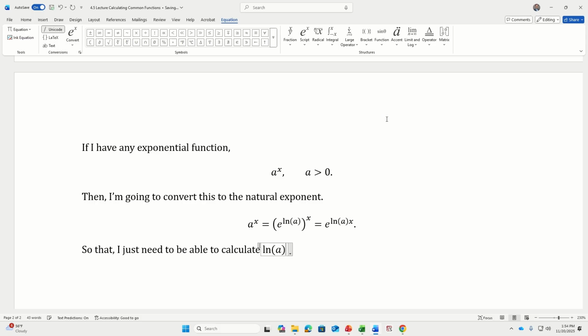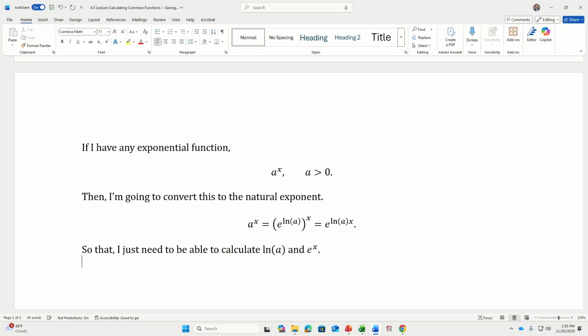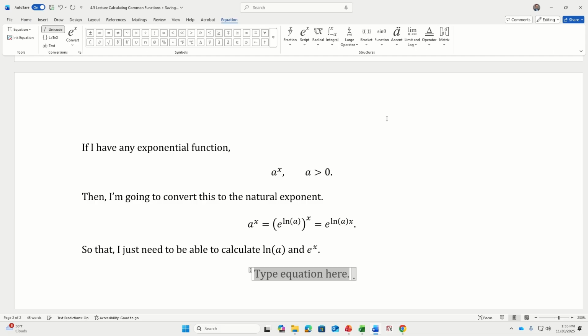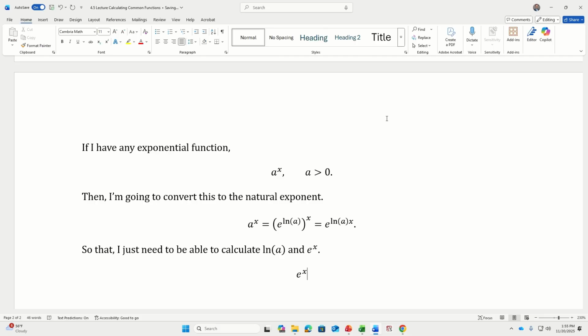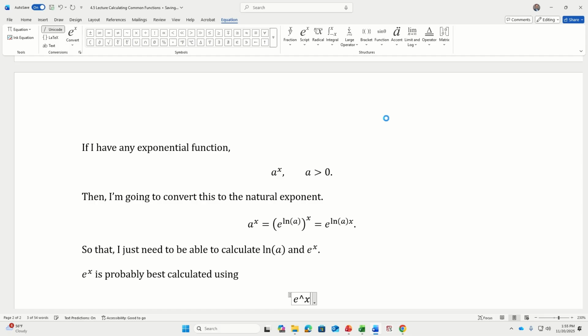I have to be able to calculate a natural logarithm, and I have to be able to calculate e to the x. So if I can calculate the natural log of the base and multiply that times x, that's my new argument, and I plug that into the function e to the x. E to the x, I think, is probably best calculated using its Maclaurin series.